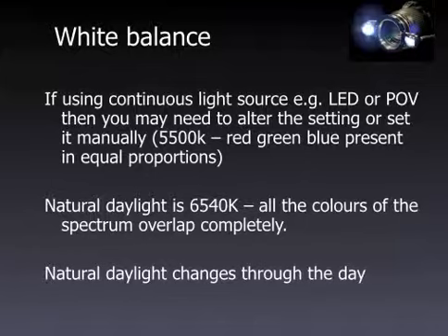A POV, for example, from Optident. And this gives light at 5,500 Kelvin, and it's what the lab technicians use to help determine shade. So if you're doing lots of restorative dentistry, this may be an option for you.